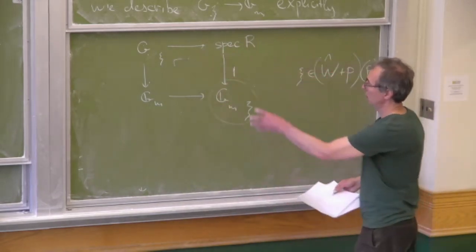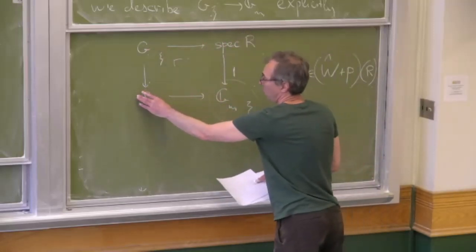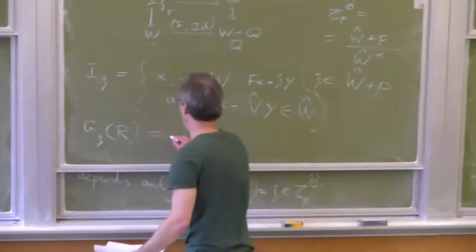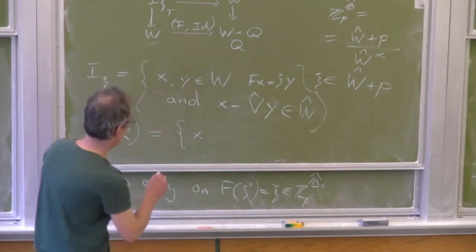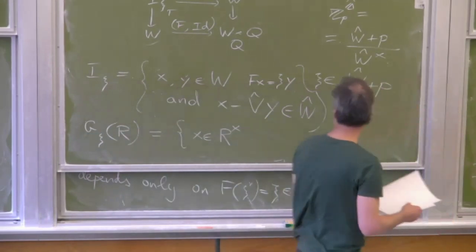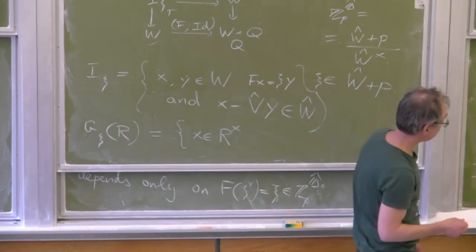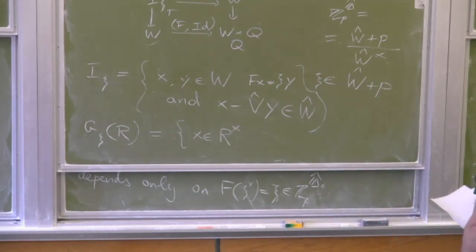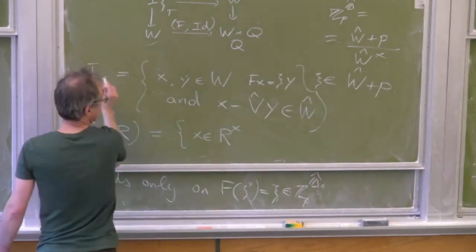Given an R point here, first of all, I need to specify an R point of G, so a vector, an element here. Once I have an element here, it gives me an R point of this stack. How is this R point constructed?